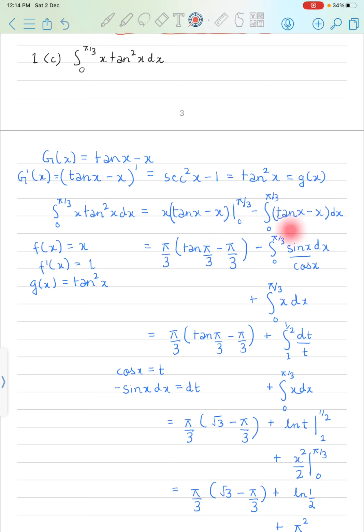And then minus of what I'm going to use is the additive property of integration, that if something hx plus lx is given from a to b, dx, then this will be the integral from a to b of hx dx plus the integral from a to b of lx dx.